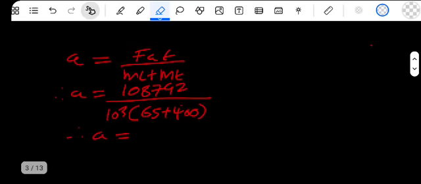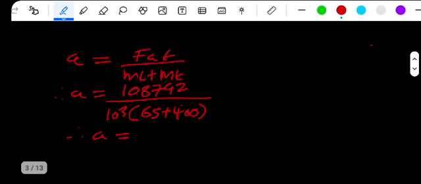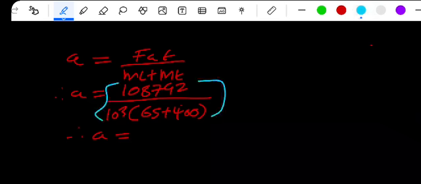Let me find what will be the final value if I punch this in. The acceleration: the answer divided by 10 to the power of 3 times 65 plus 400.